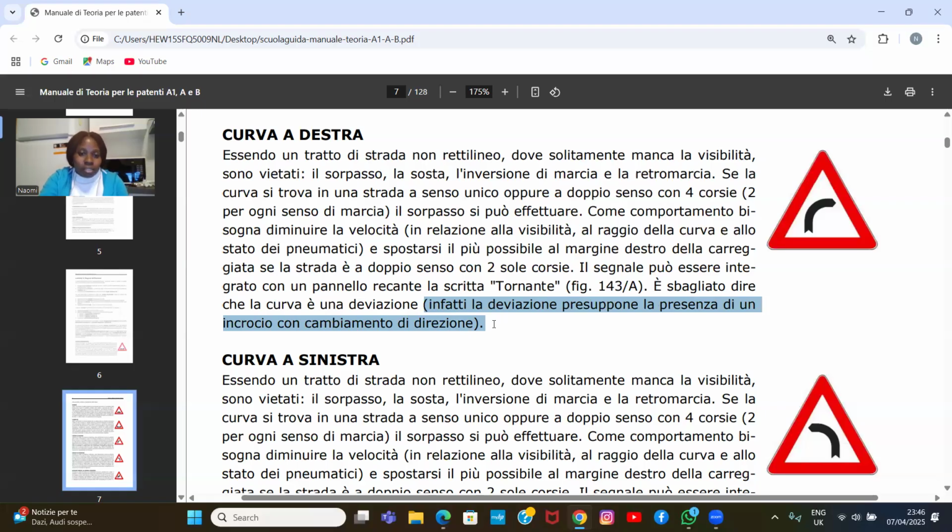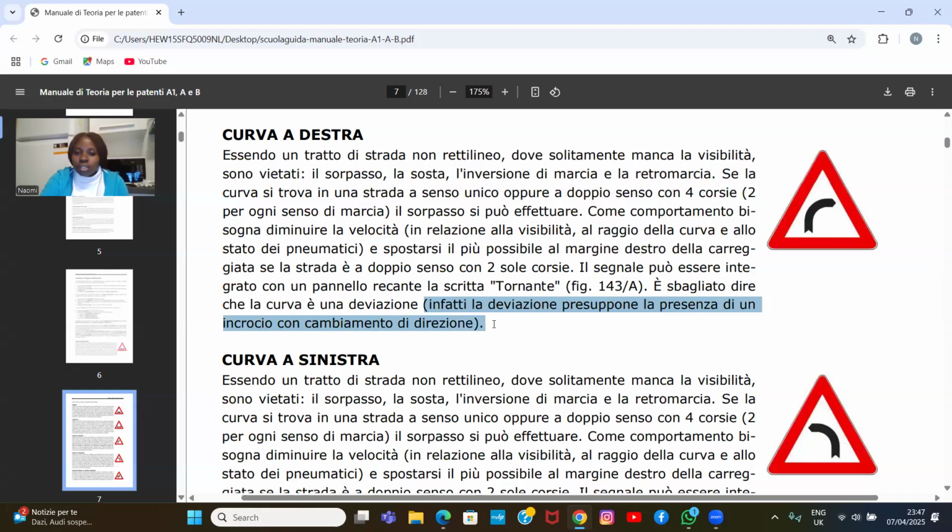It's explaining the word deviazione. It simply means that you're deviating from the major road. It's another road that is linking into the first road you were on. So that is what a deviazione is.